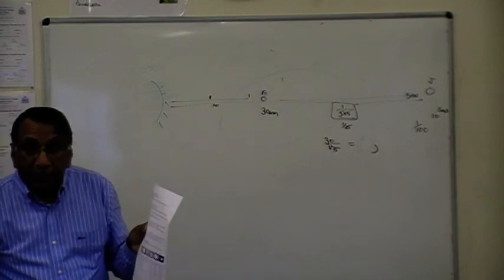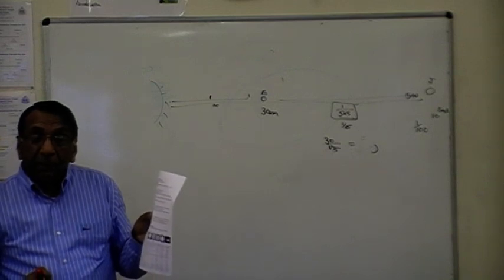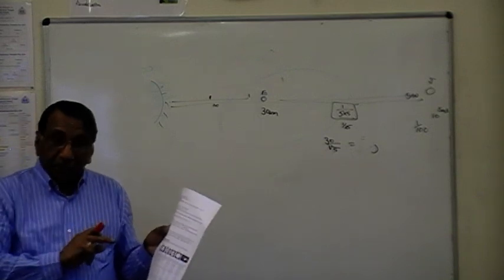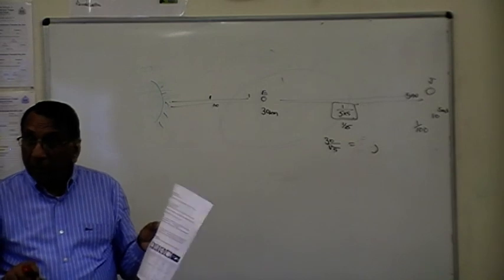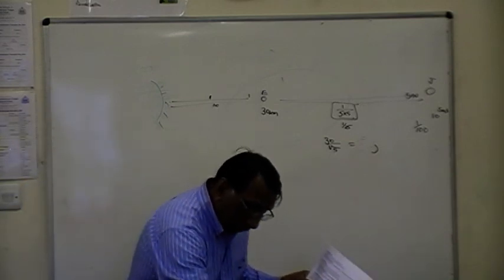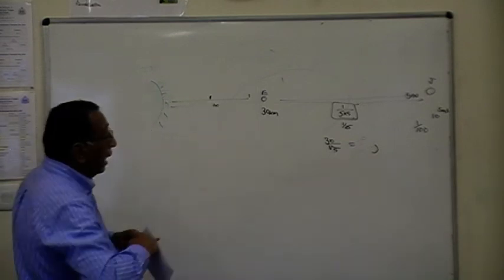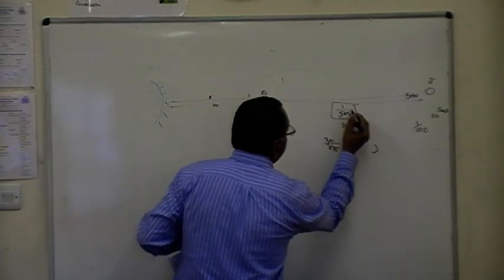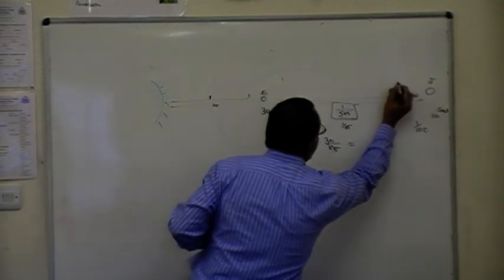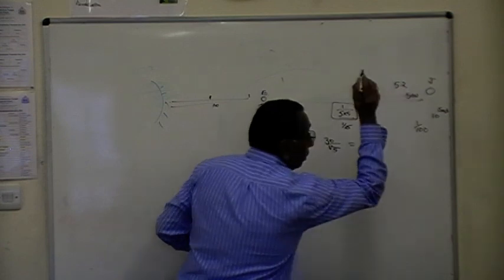So why is there a difference? Is our method wrong? No, it's the accuracy of the calculation. We have taken a round figure, about 5. The actual figure is 5.2.